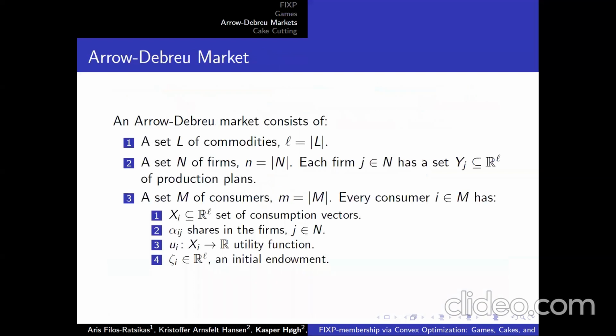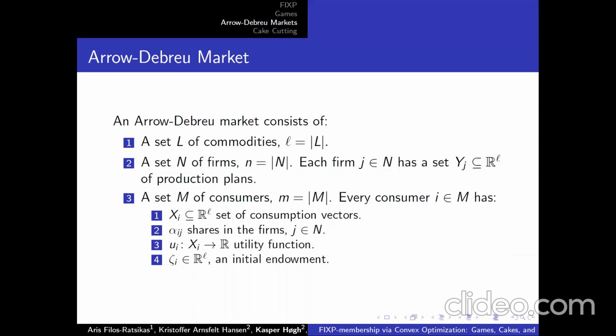Okay, so now I'll move on to markets and the Arrow-Debreu market. So what does it consist of? An Arrow-Debreu market consists of a set of commodities, and a set of firms, and these firms each have some set of production plans.